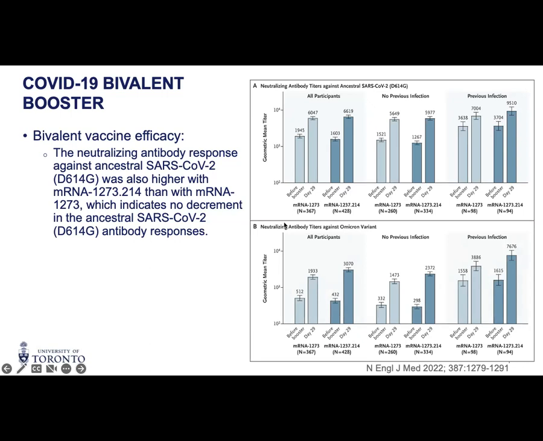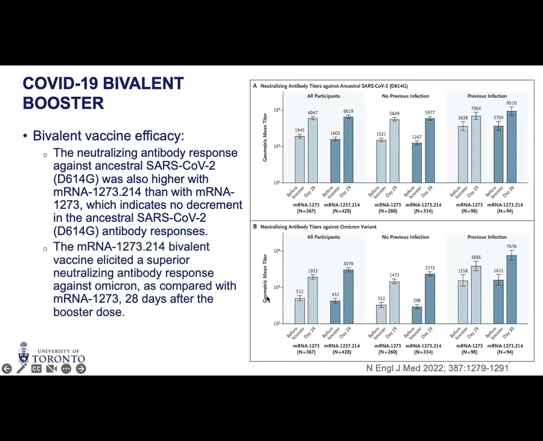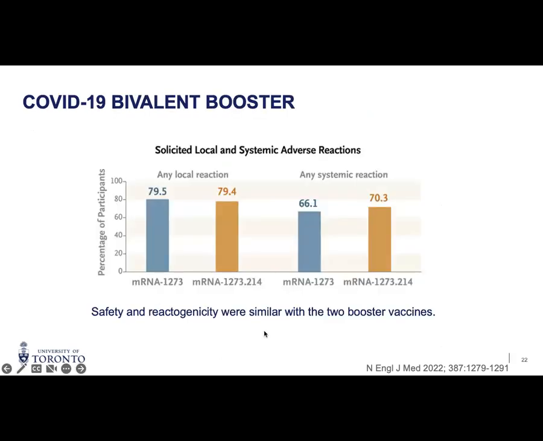B shows the level of neutralizing antibody titers against the Omicron BA.1 variant. Here we also see that the mRNA-1273.214 bivalent vaccine elicited a superior neutralizing antibody response against Omicron as compared with the monovalent vaccine 28 days after the booster dose. In terms of any adverse reactions to the bivalent booster relative to the monovalent booster, the safety and reactogenicity were similar with the two booster vaccines.